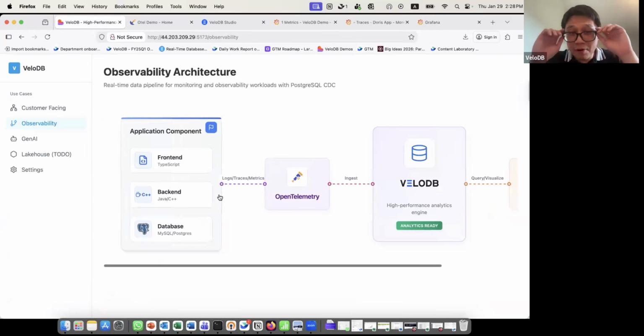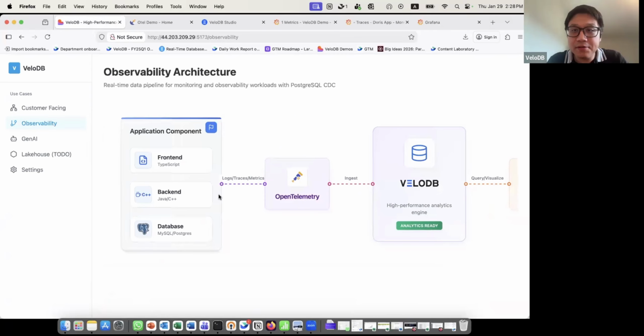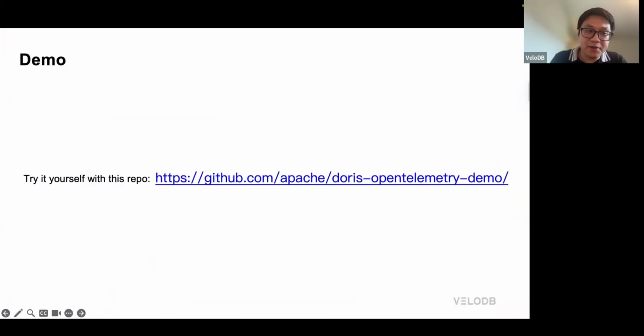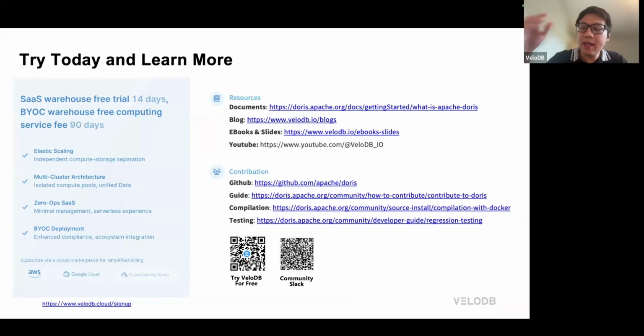So pretty straightforward to set up, very easy to start exploring all of the different observability data that you care about. So let's get back to our presentation.